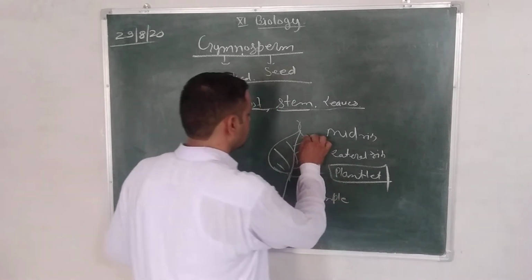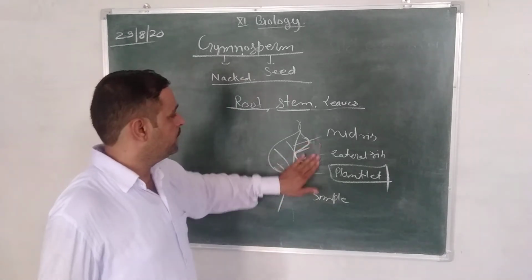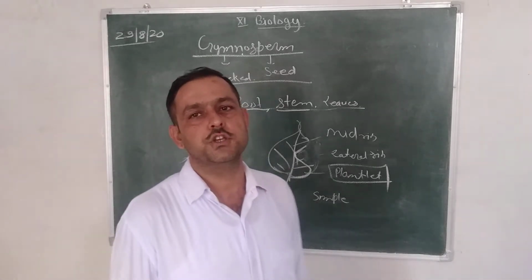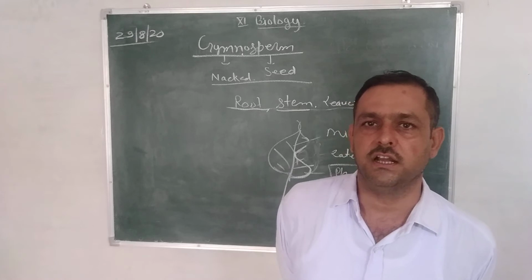Whenever the cut of the lamina spreads to the midrib, it is called a compound leaf. So in gymnosperm, both types of leaves are found, simple and compound.